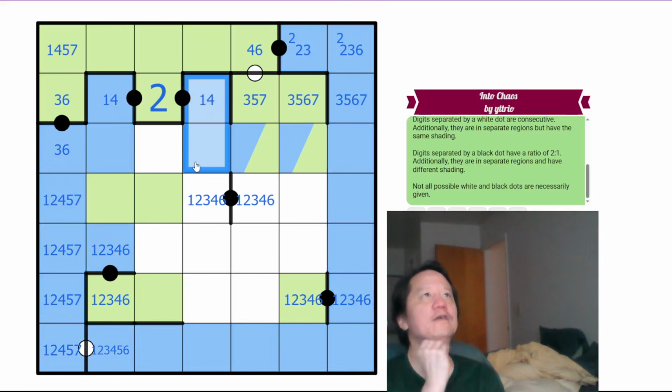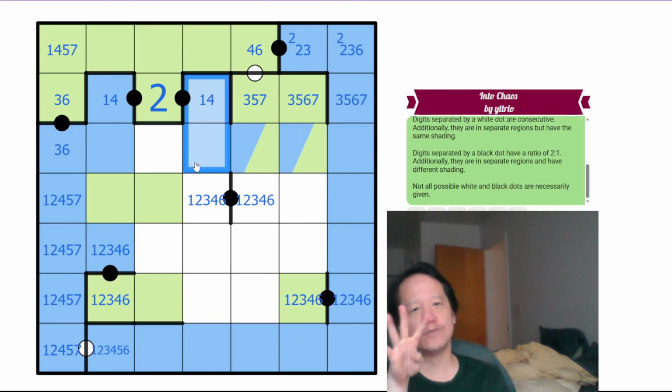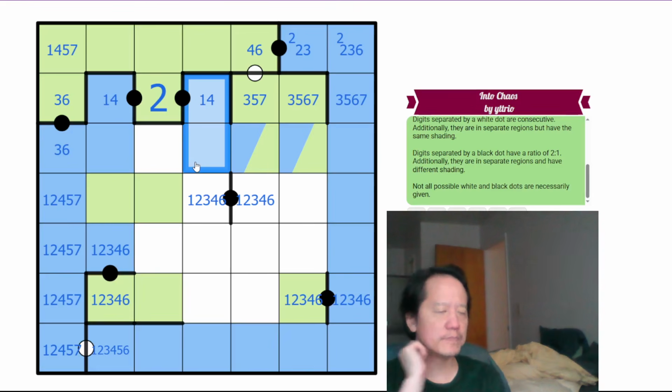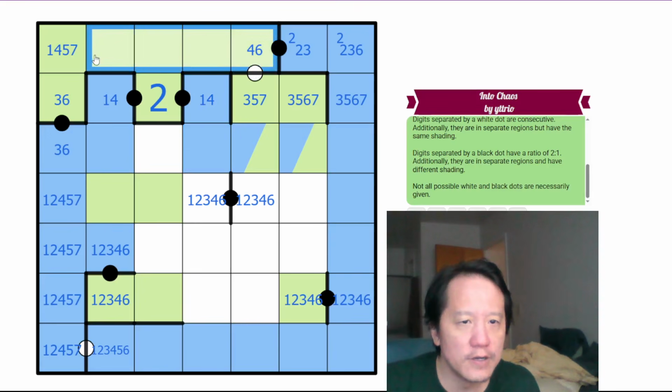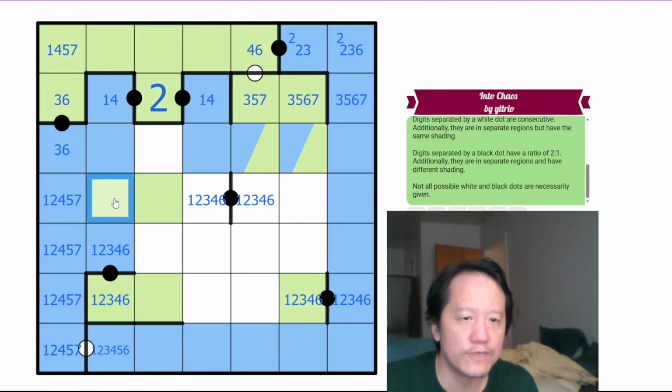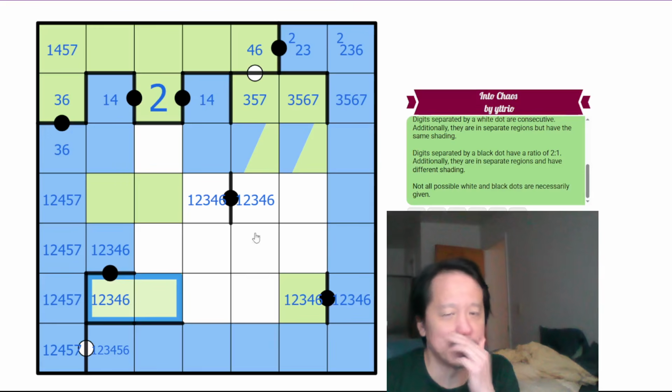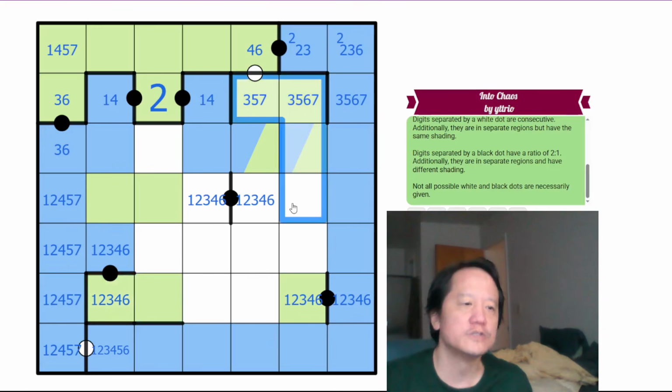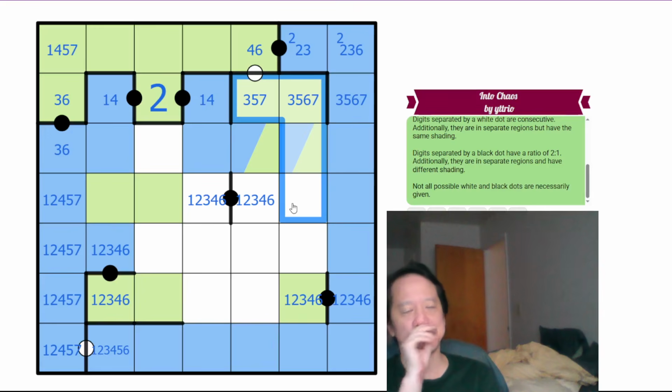So we have to have at least 4 blue regions. We have 7 here, 8 and 1, 2, 3, 4, 5, 6, 7, but there's no way they connect. So we have to have 3 green regions here. So we need 4 blue and 3 green regions.